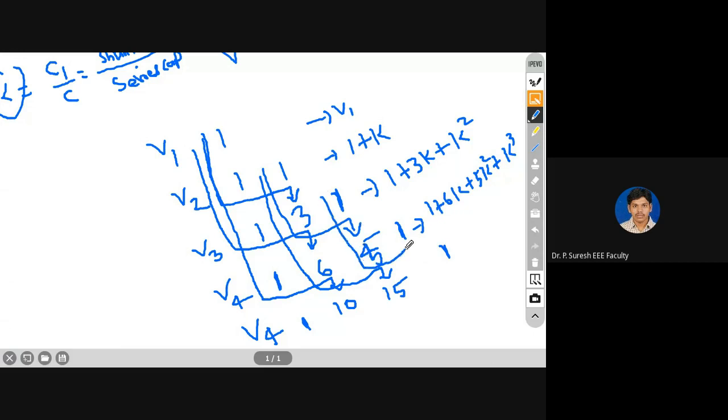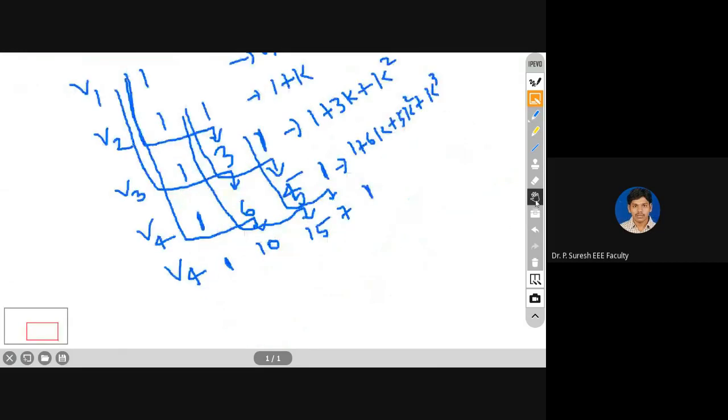Adding this 2 and this one, how much? 7. So the final value we will get is 1 plus 10k plus 15k square plus 7k cube plus k power 4. So like that, we will easily calculate voltage across each disc in terms of k factor.